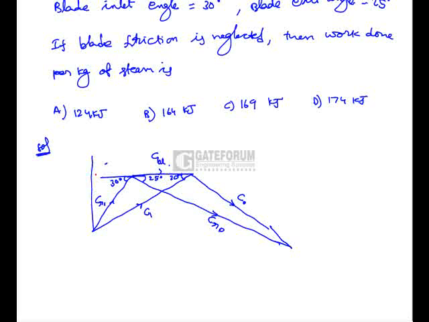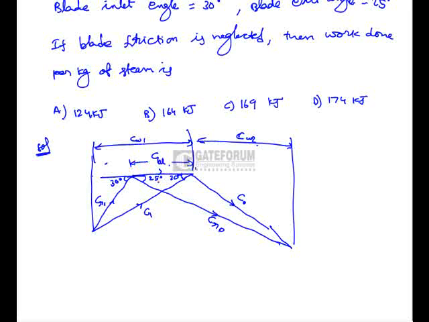Now the tangential components are given by, so here this is the tangential component for the inlet velocity, and this is the tangential component for outlet velocity CW2, and this is the blade velocity.